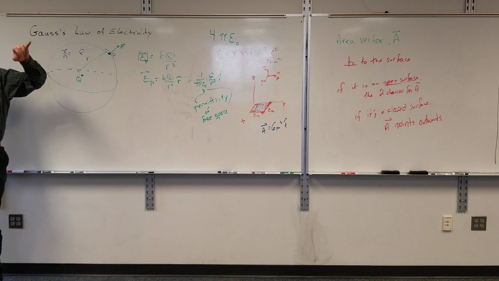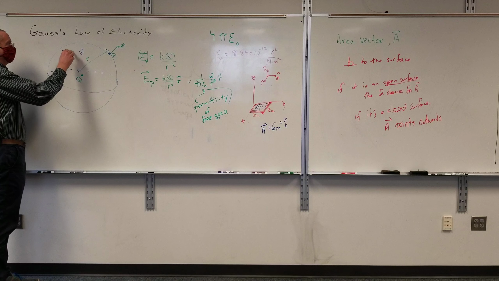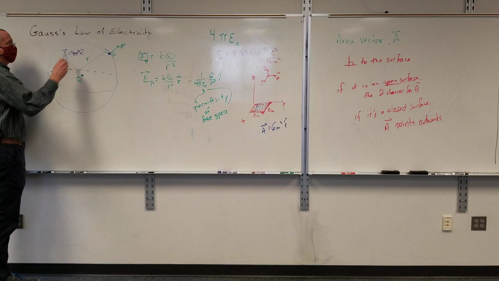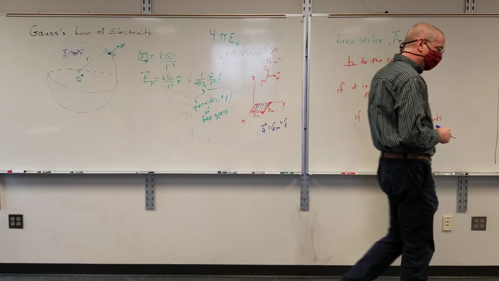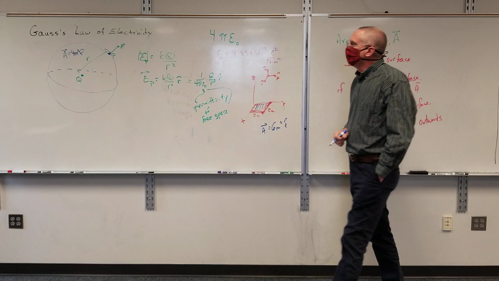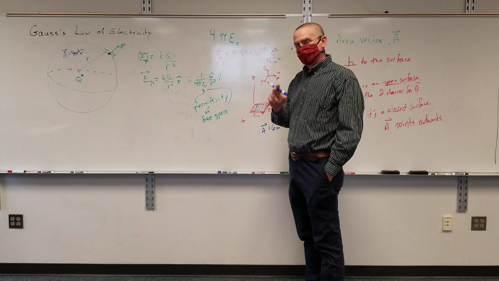If you've had some calculus, take the derivative with respect to r. I don't know if that helps anyone in here. 4 pi r squared. Sorry to spoil it for you. And that's another little piece that we'll bring in just a moment.